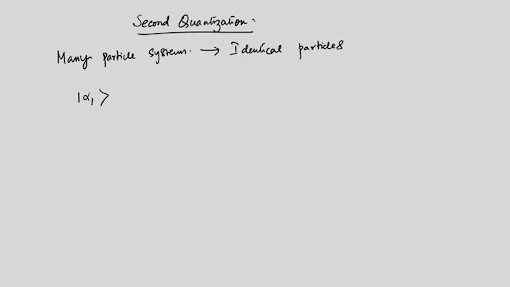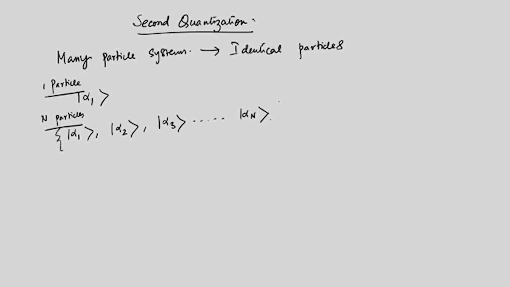And if you are talking about n particles, this is for one particle, and say for n particles we will have alpha 1, alpha 2, alpha 3 and so on up to alpha n. And this will form a state, a complete set of states and so on. So this will form the Hilbert space.